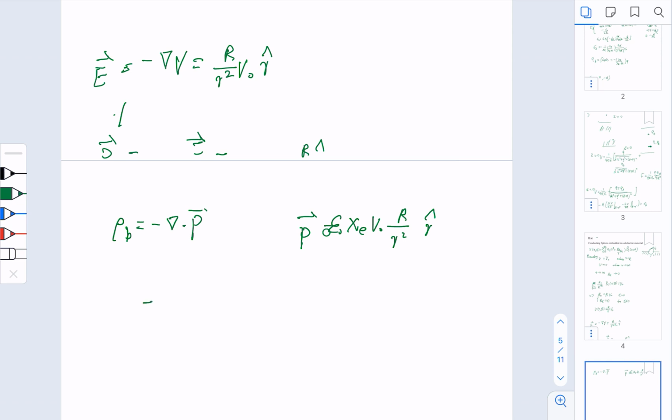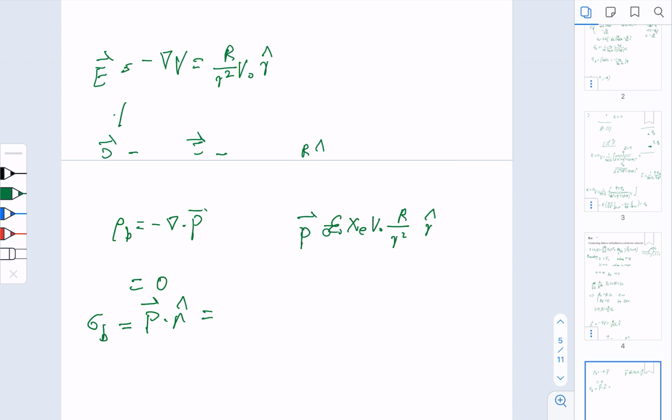Now, if you do the calculation, you can see that the bound volume charge should be 0, and so what's left over is only the bound surface charge, and here the only surface is the surface of the conductor.